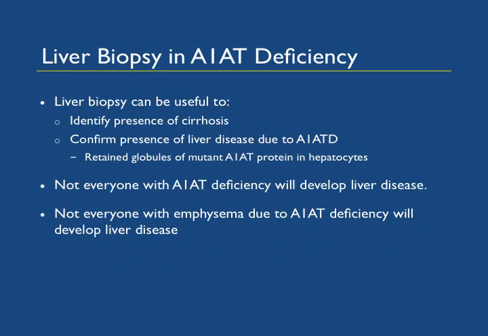Liver biopsy can be useful to identify the presence of cirrhosis in patients with alpha-1 antitrypsin deficiency and to confirm the presence of liver disease. One can see retained globules of alpha-1 antitrypsin protein in the hepatocytes. It's important to remember that not everyone with emphysema due to alpha-1 antitrypsin deficiency will develop liver disease.